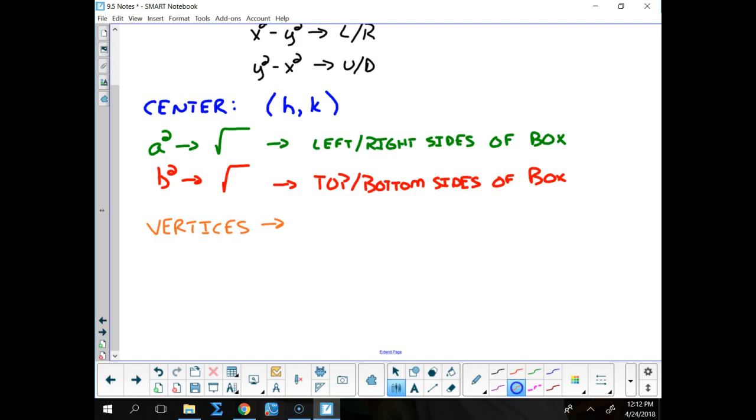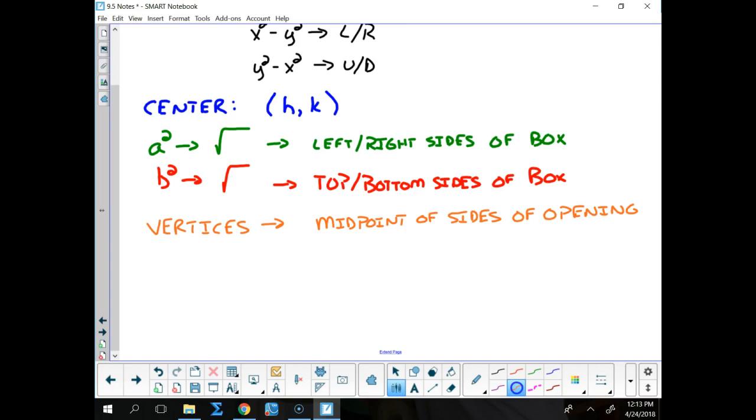Yes, exactly. So it's the midpoint of the sides of whichever sides it opens up to.